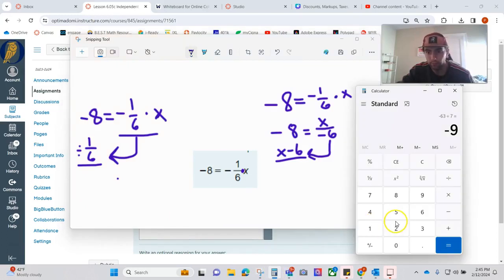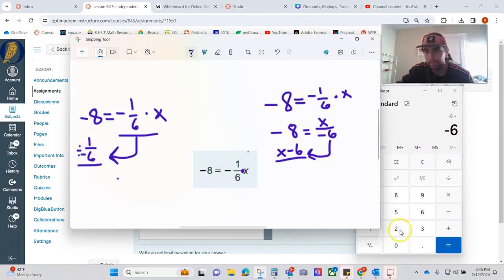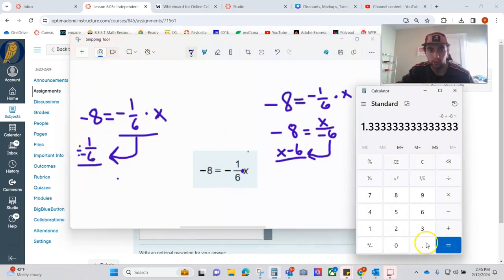So let's type this in. Negative 8 divided by 1/6 equals 1.3 repeating. No. Wait.